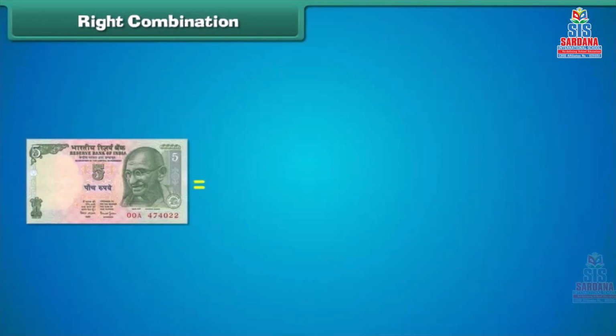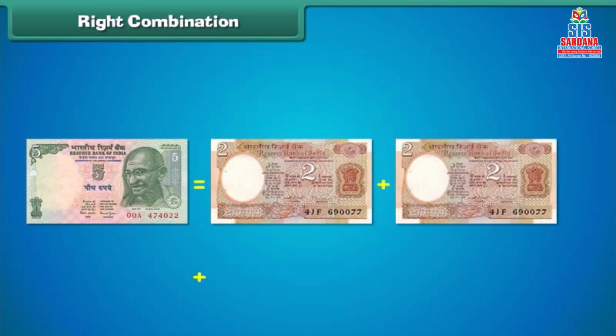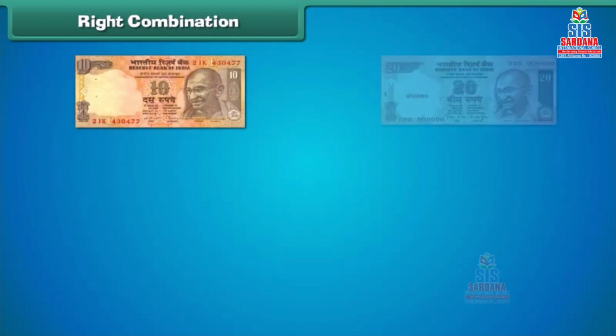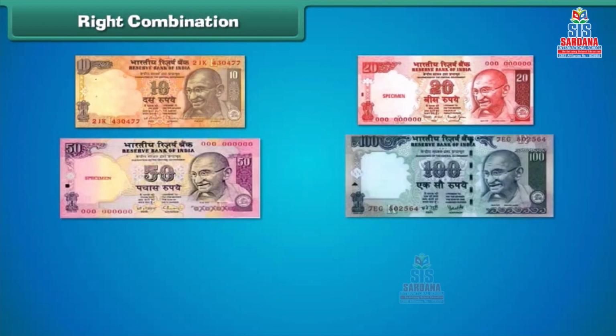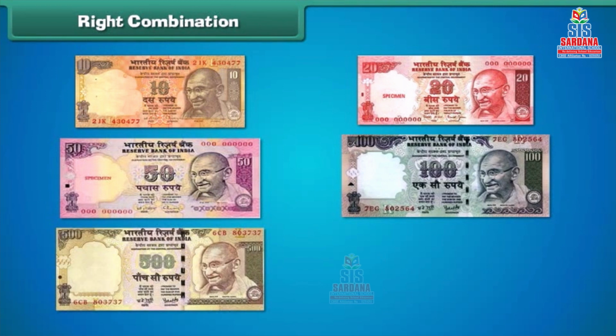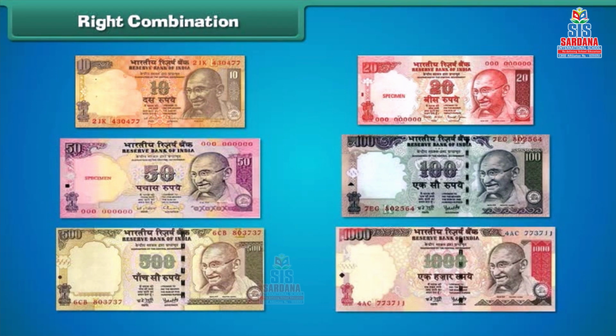Similarly, one 5 rupee note is equal to the sum of 2 rupees notes and a 1 rupee coin. All these are the right combinations. Similarly, we can have different right combinations for 10, 20, 50, 100, 500 and 1000 notes.